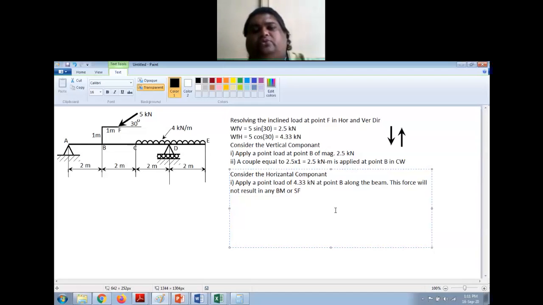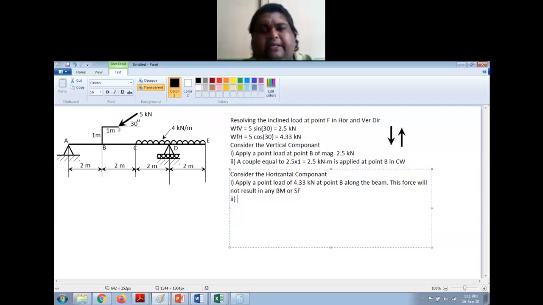There is no shear force or bending caused because of this. This will only increase the tension in the beam, right? So this is not going to result in any BM or SF, so I will ignore this.